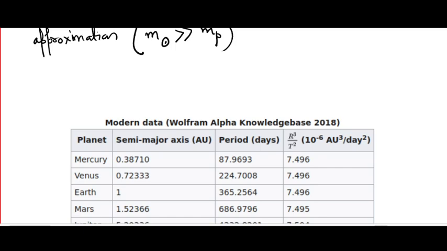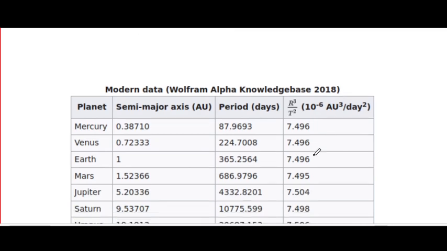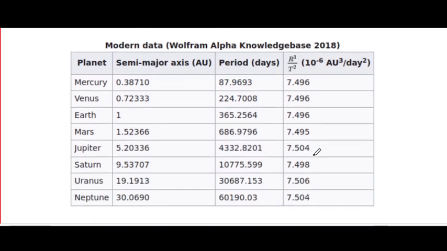But Jupiter, for example, the most immense of the planets, actually has a different value for this constant. Note here we are plotting R cube by T square, so it's proportional to m1 plus m2, not inversely proportional as in our formula written down there. For Jupiter, this ratio is actually larger than that for the rocky planets. You have 7.504 as opposed to 7.496 on the average.